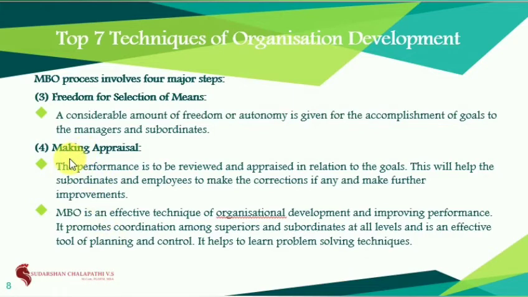Next, number four, making appraisals or reviewing the performance in relation to the objectives. The performance of employees is reviewed and appraised in relation to the goals, and this shall help the subordinates to make corrections if any further improvements have to be made by them. These are the four key factors to be remembered when we speak on MBO, management by objective.